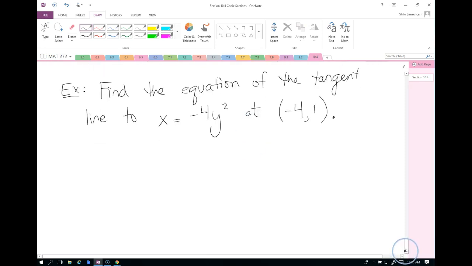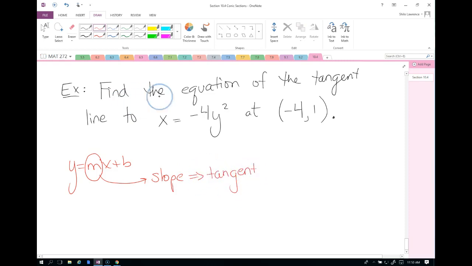So a tangent line, a basic equation for a line is y equals mx plus b. That's what we want our final answer to look like. For the m, that is slope, remember. And we want this particularly to be a tangent slope, not a secant slope or any other type of slope.